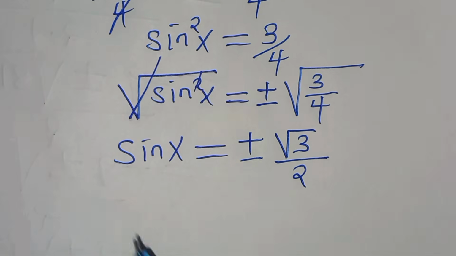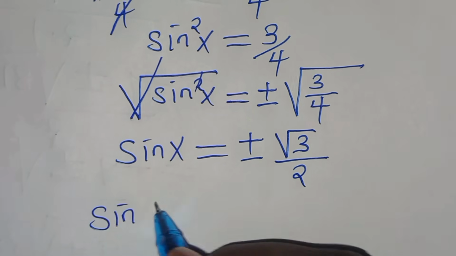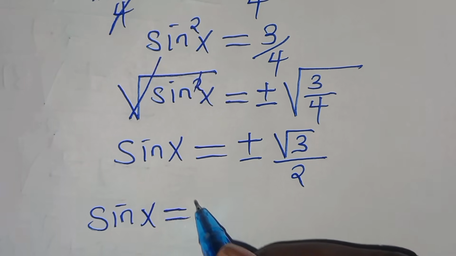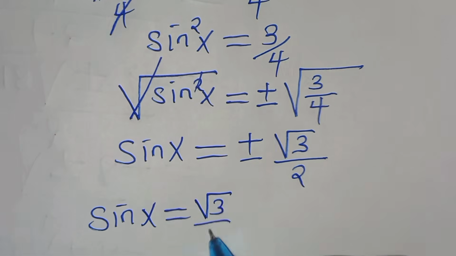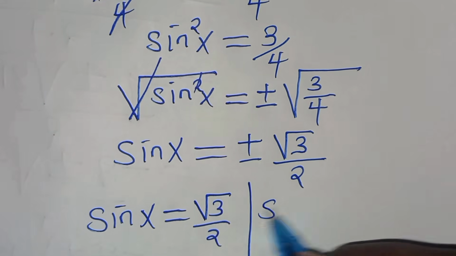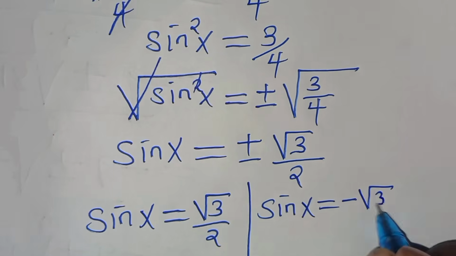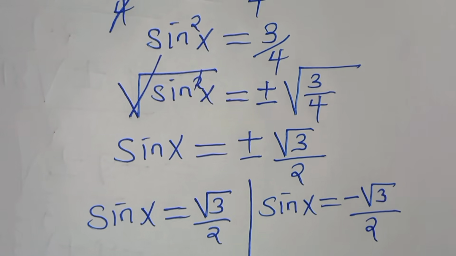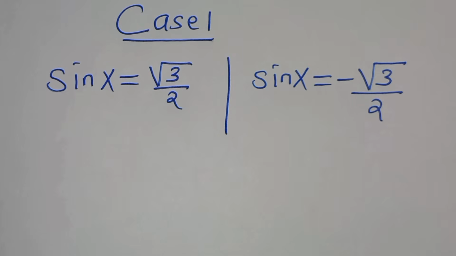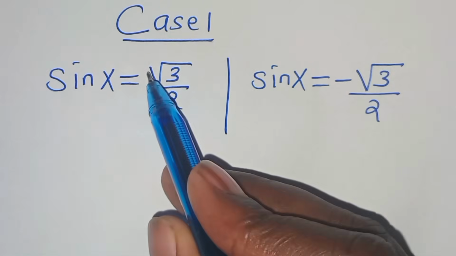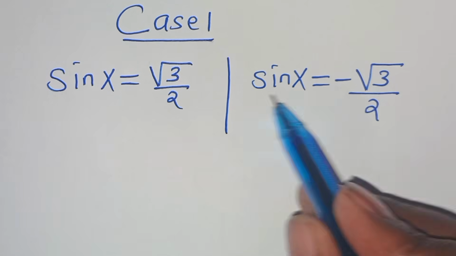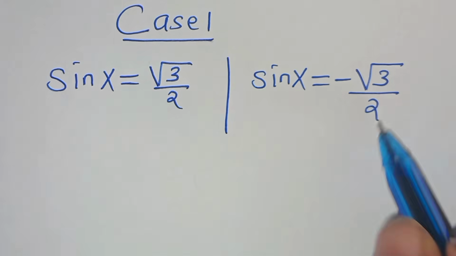So we have got two values of sine. We have sine x is equal to square root of 3 over 2, and we have sine x is equal to negative square root of 3 over 2.